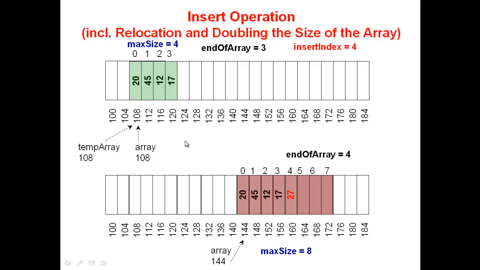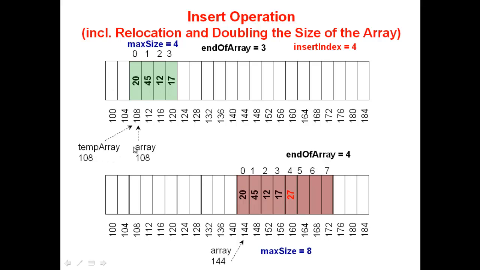And when we do that, let us say the new block of array is created at starting address 144. So this array pointer has to now point to 144. But once we make this point to 144, there's no longer a handle to this 108, the base address of this array. So what we need to do is create another pointer variable called temp array that stores the same base address as this array, so it's 108.